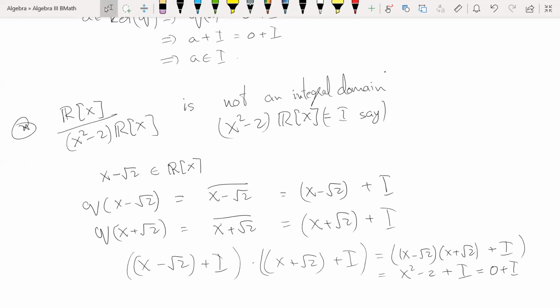But of course, these are non-zero. This is not equal to 0 plus I, and this is also not equal to 0 plus I, because this ideal contains only polynomials of degree 2 or higher, and the zero polynomial.